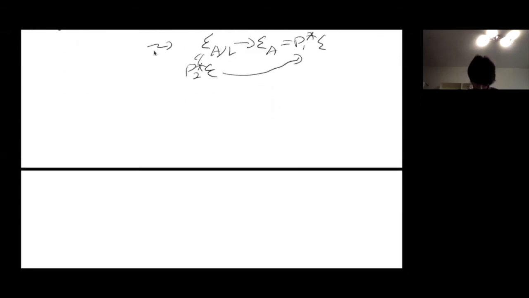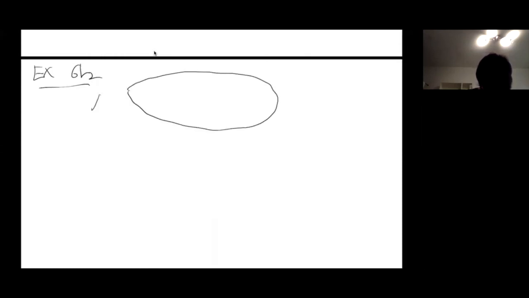So now let's do GL2. Maybe I start on a new page because I want to draw a picture. So I remind you that in the picture for GL2 of X naught of p, we have two components of the ordinary locus.